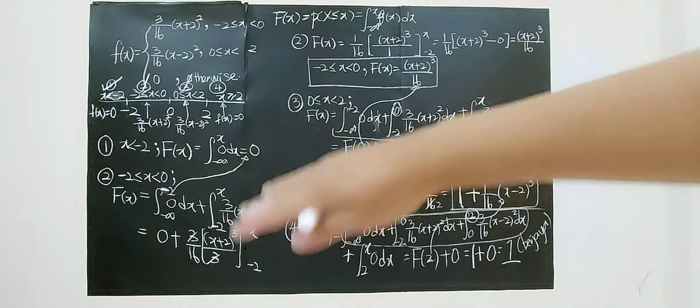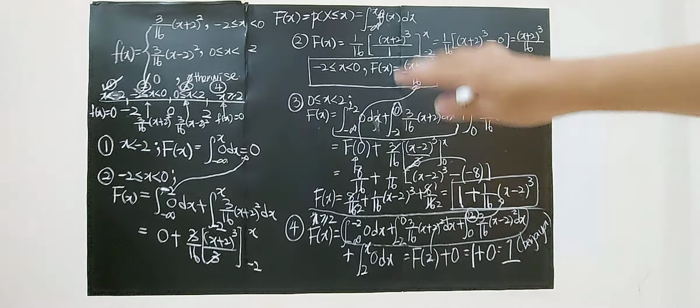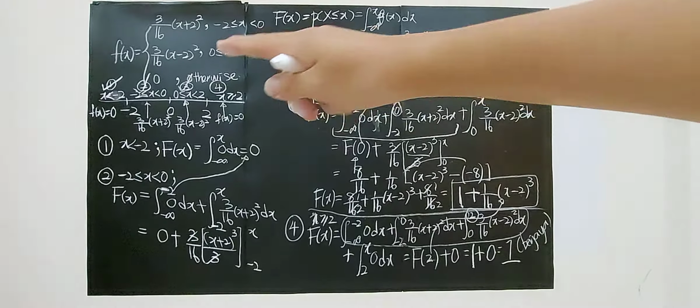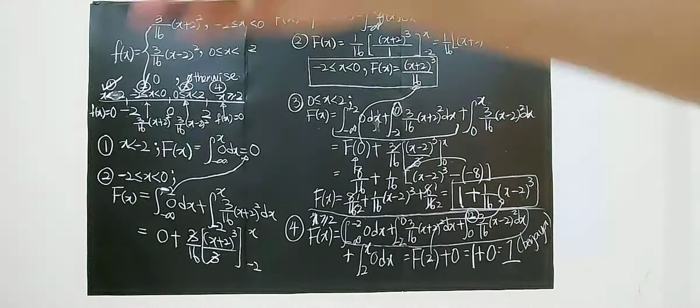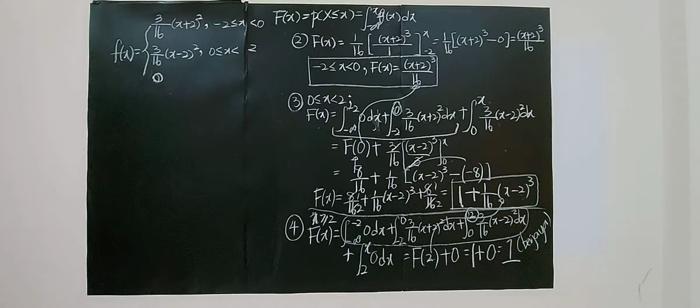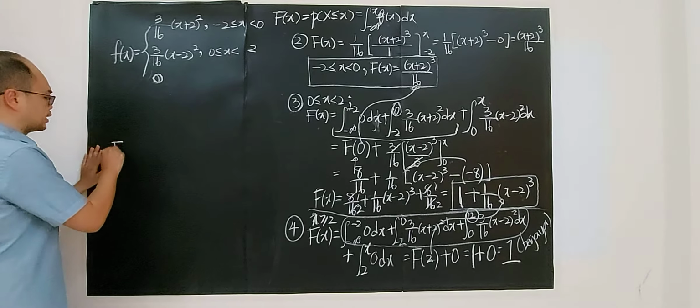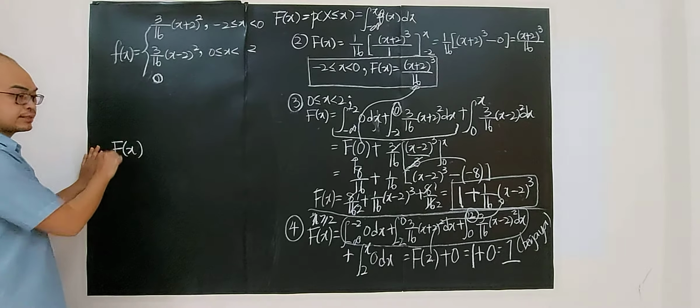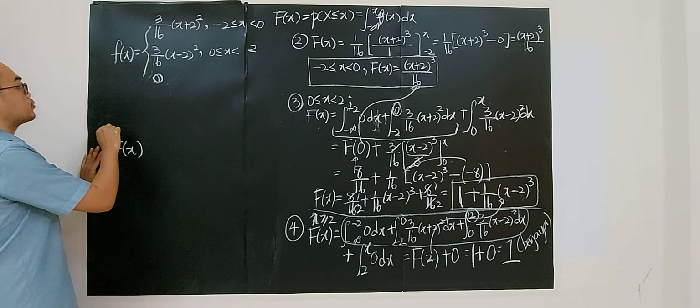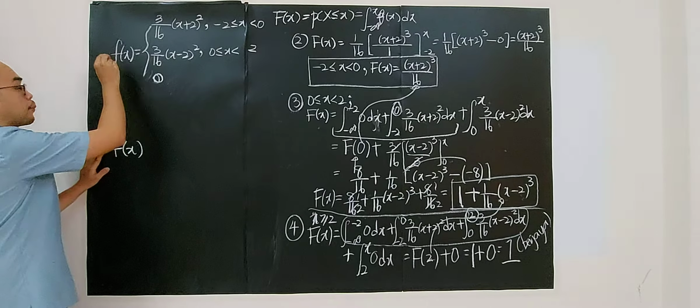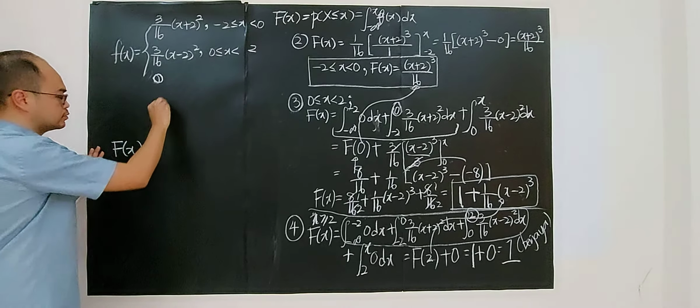So now I have done the long process here. This is the best process for finding the cumulative, and I'm going to summarize it. Your cumulative distribution function, capital letter F(x), is capital letter because this is cumulative. Cumulative probability is different, okay?